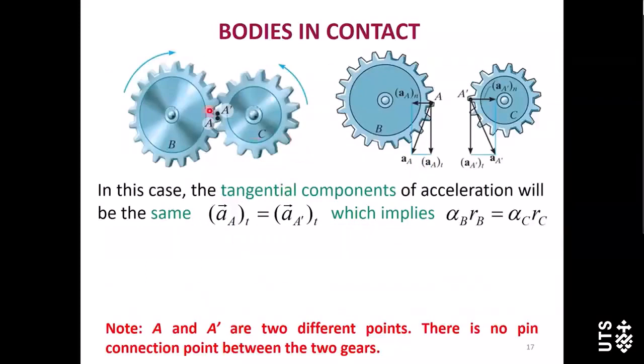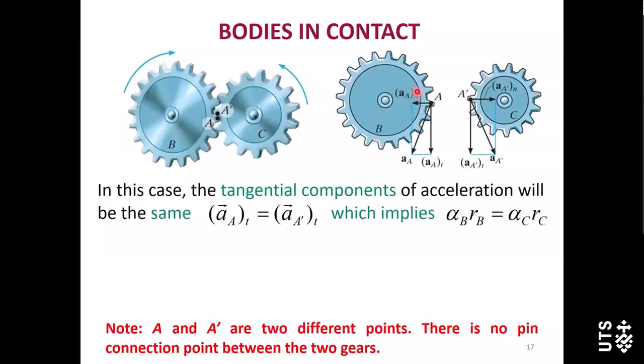And here, please note the contact point A prime. There is no pin connection between the two gears. For point A, there should be two components of its acceleration.